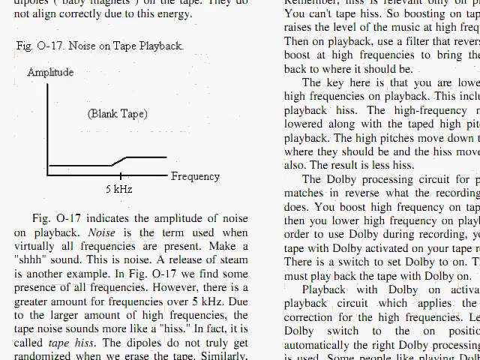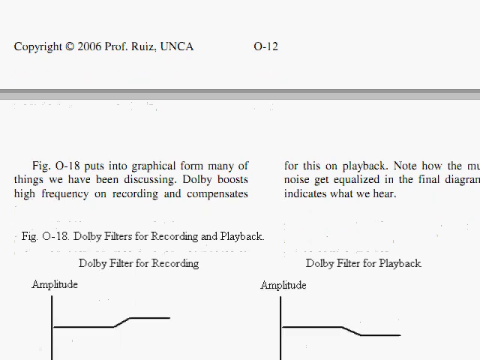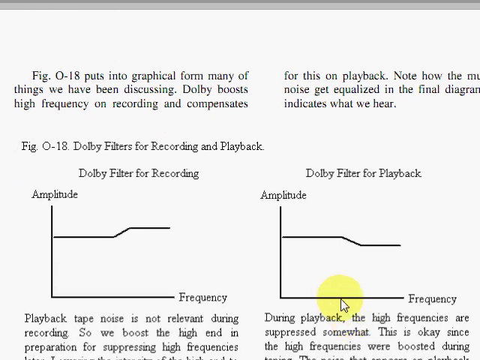And Mr. Dolby comes along and says, we'll handle that. Since it's only on playback, we'll have a filter when we tape it. We'll tape the sound for the high frequencies more, overdo it, and then when we play it back, we'll put the Dolby playback filter in, which reduces the high frequencies, but since you already taped them too loud, you bring them back to normal, but then the hiss gets punished.